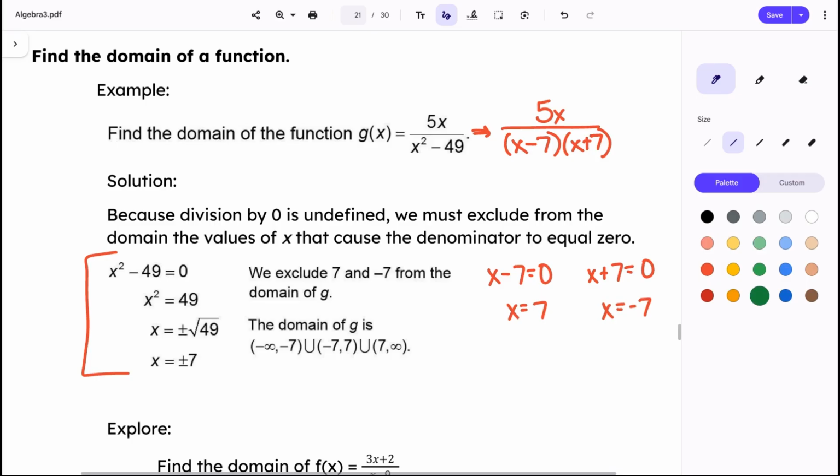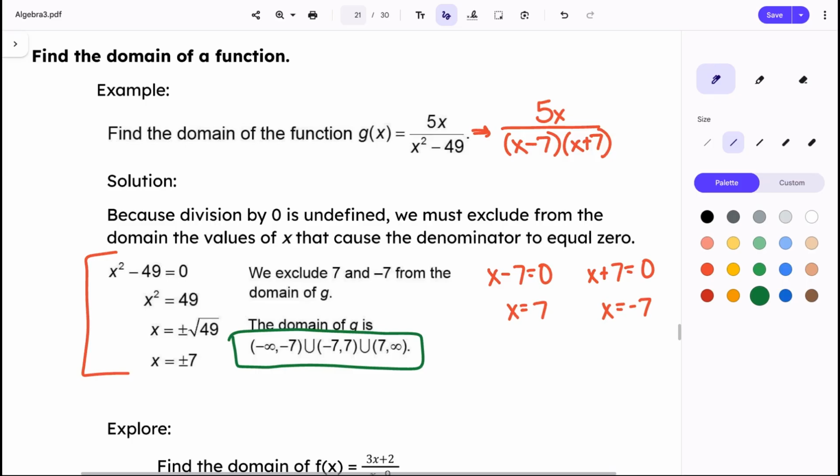So they write out your domain right here. I could have anything that's smaller than negative 7. So that negative infinity is representing anything to the left of negative 7 would work. And then when I get to negative 7, that causes an issue, so I have to put parentheses around negative 7. That just means I can't actually evaluate at negative 7, but I could get really close to it, as close to negative 7 on either side.